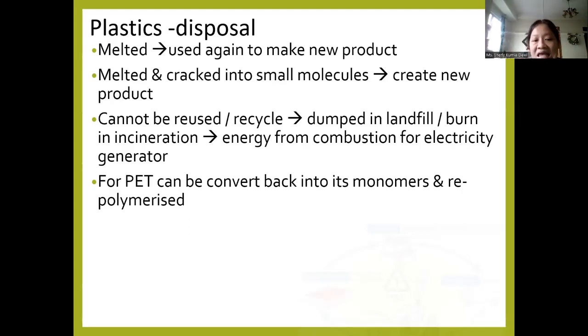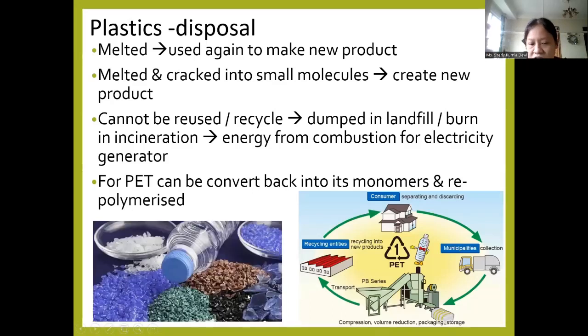For PET, it can be converted back into its monomers, so it can be recycled and repolymerized, and also repolymerized into another type of plastic like Oni, polyester. This is the process. This is the plastic sheet, the beginning of the plastic that you want to recycle, or before it becomes a plastic bottle or something else.